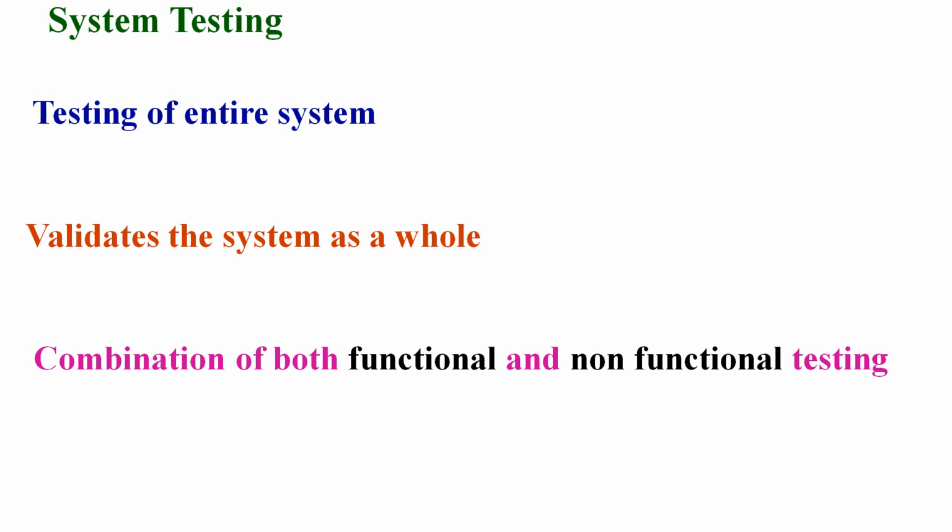During system testing, software test engineers validate the system as a whole. System testing is a combination of both functional testing and non-functional testing, so both are part of system testing.